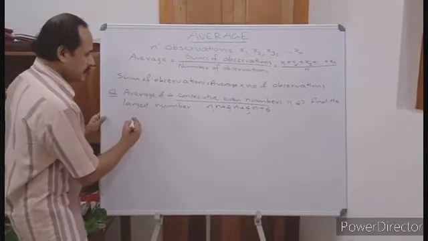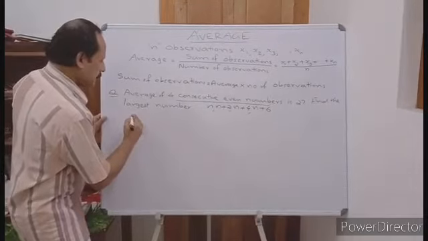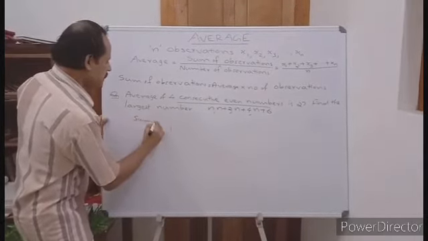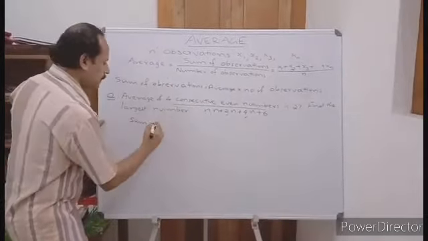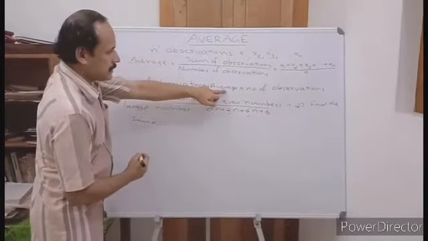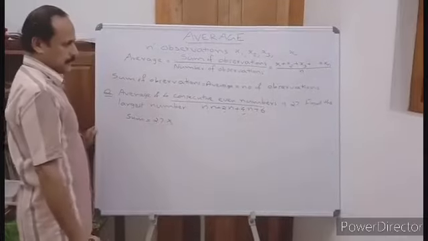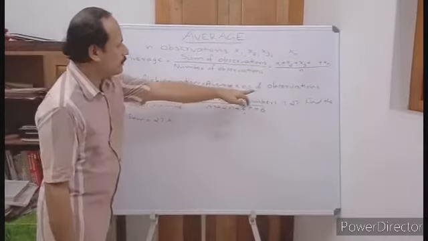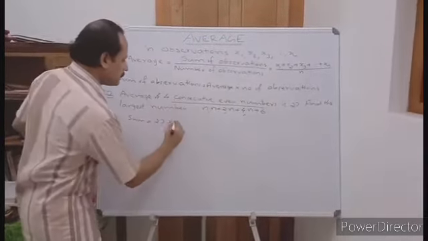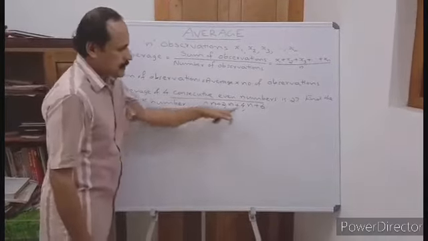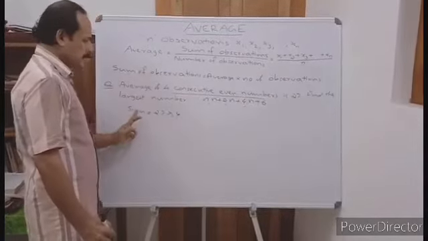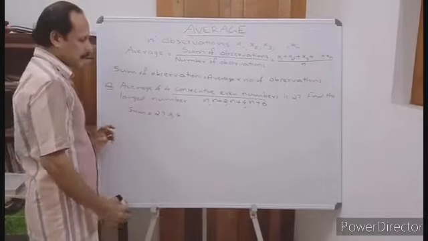And their sum equals the average, which is 27, into the number of observations, that is 4. That is, the sum of these observations is 27 into 4.